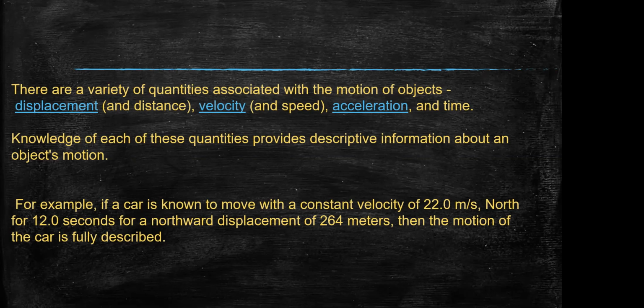So you have enough information to describe the motion of the car. If you want to describe the motion of the car, you need four quantities: velocity, acceleration, time, and distance or displacement.